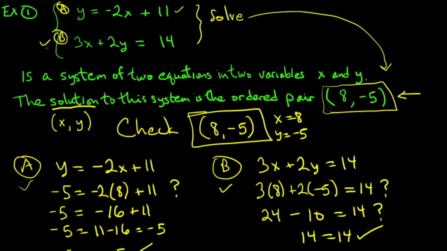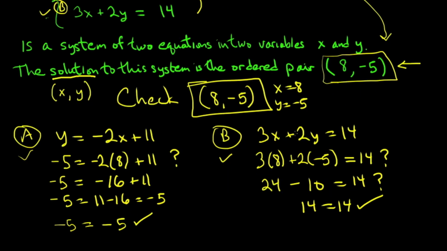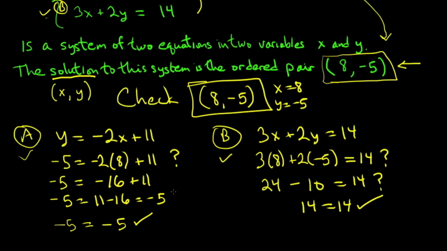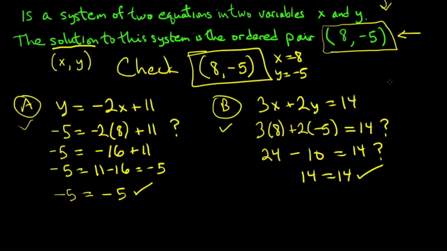Okay. So this is something you should do every time you solve a system of equations, is just take the numbers, plug them back into both equations, and check to see that those equations are true. So what happens if it wasn't the solution? Well, then you might get an equation something like 3 is equal to -17.